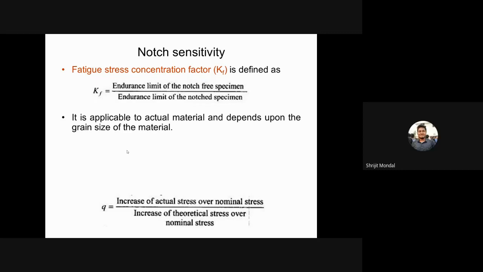Yes, sir. There are always irregular surfaces. If you take an actual material and see it with the help of a microscope, there will be discontinuity in that material. Maybe that discontinuity is very small or it is very large. Even a small discontinuity will change the grain size of the material. Fine. So this Kf is dependent on the actual material and the grain size of the material.